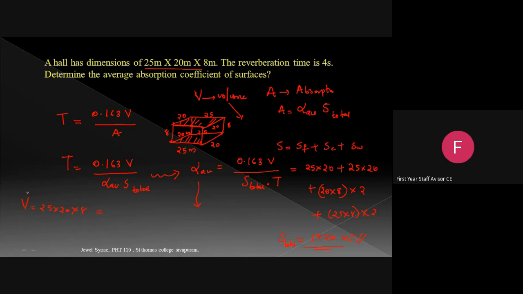Now calculate the volume, find the surface area, find the volume. Then alpha average is equal to 0.163 into volume divided by total surface area into T. Volume is 4000 meter cube.